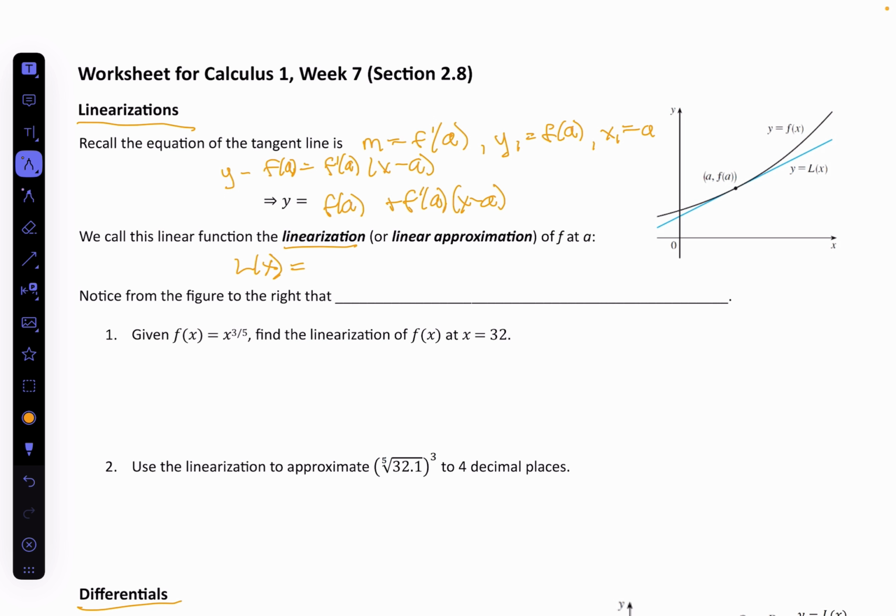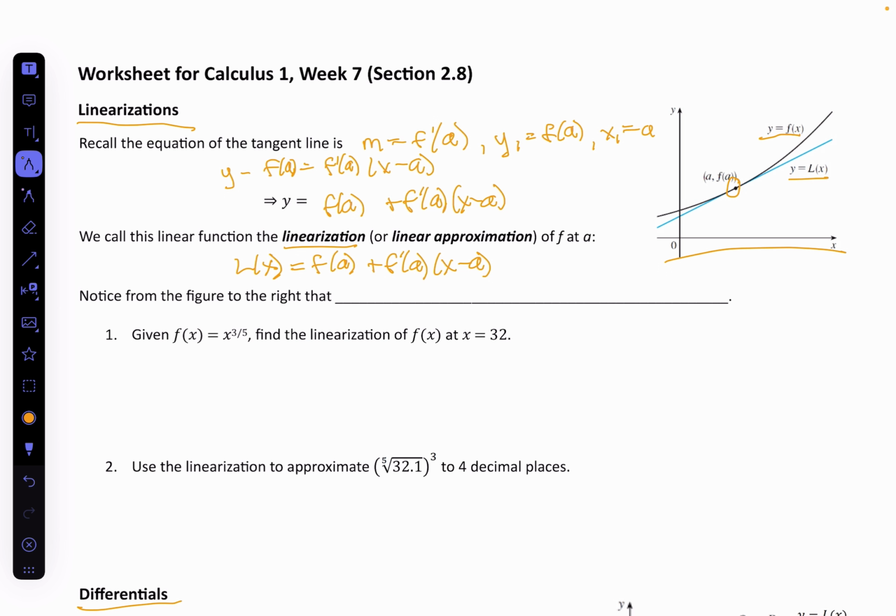So L of x is equal to f of a plus f prime of a times x minus a, and that's what we have in our figure here on the right. We have our tangent line, which is labeled as y equals L of x, that's our blue line. We have our curve in black, that's labeled as y equals f of x, and notice we are finding the tangent line at the point a, f of a.